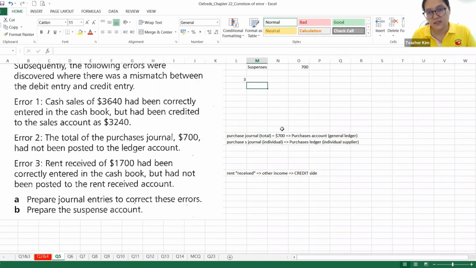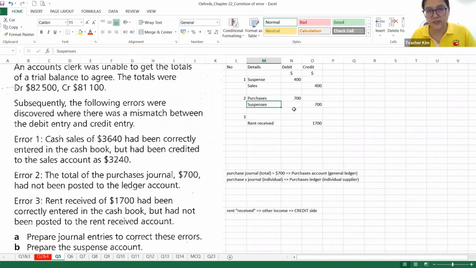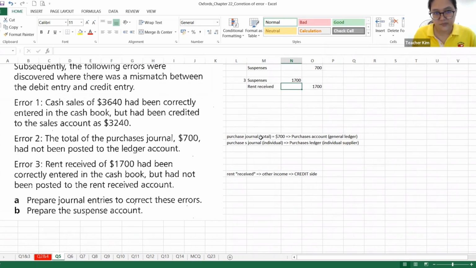So rent received has to be on the credit side: credit 1,700. Also a one-side error, automatically a one-side error, so the suspense account comes in. That is how we tackle the adjustment.